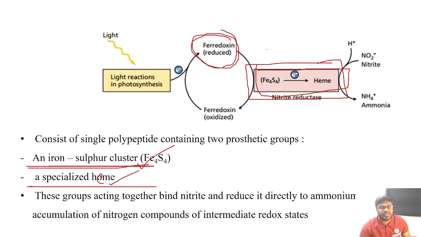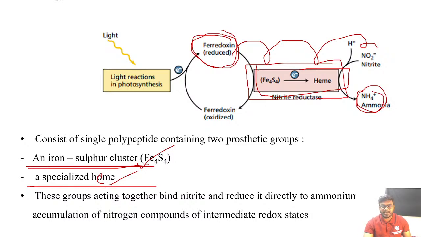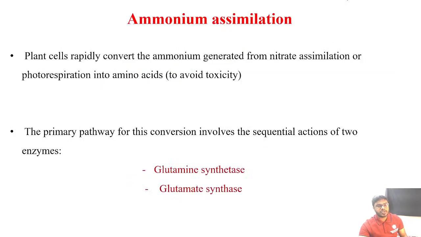So ferredoxin will donate electrons to the iron sulfur cluster, then to heme, heme to NO2, and NO2 is getting reduced to NH4 plus. Okay, now look into it, Jayashri. Of course, whether it is NO3 or NO2, finally we converted into what?